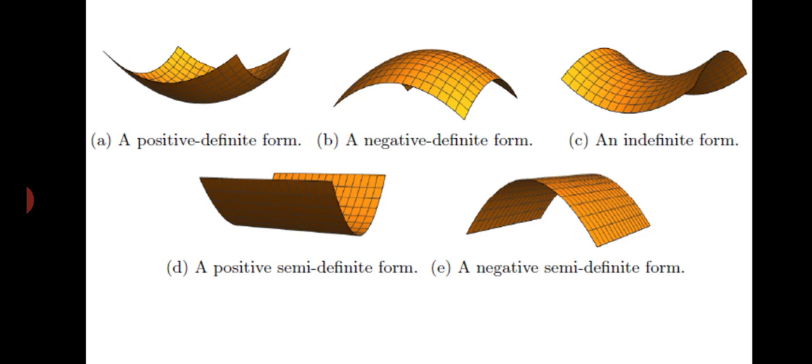Q(x) greater than 0 means positive definite; Q(x) less than 0 means negative definite. Now come to picture C. C shows a form that takes on both positive and negative values, and we conclude that such a form is indefinite.